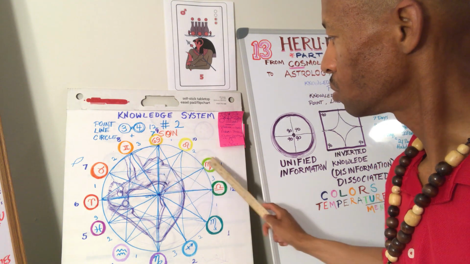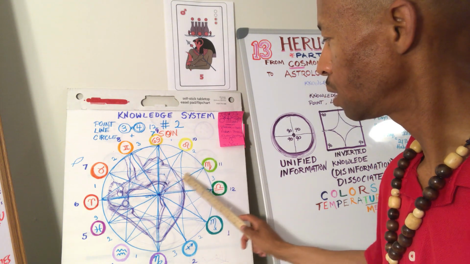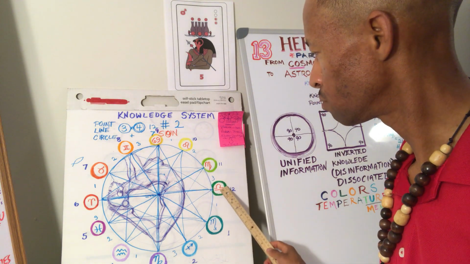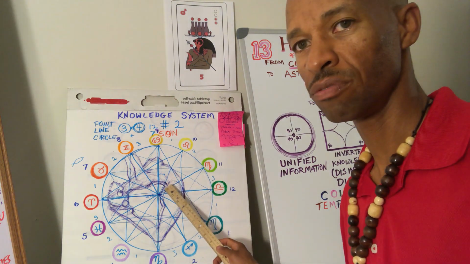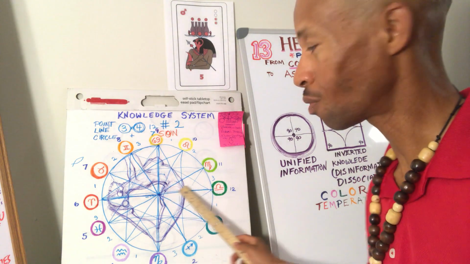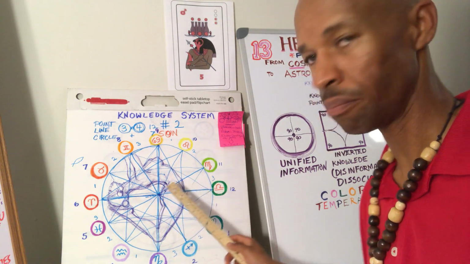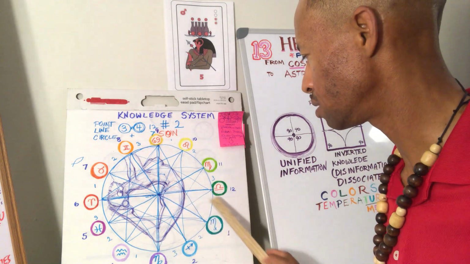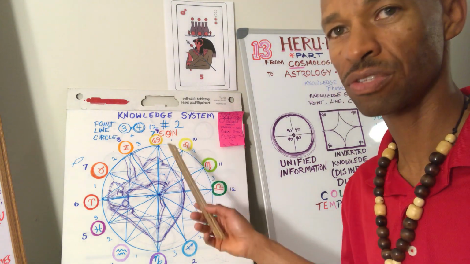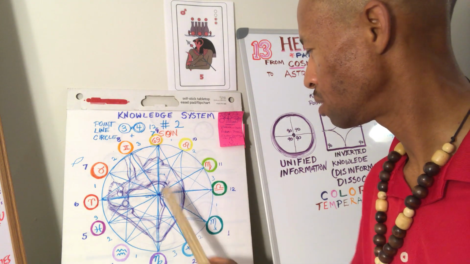You have the belly for Virgo. You have Libra, which would be the very middle or the balance point. It corresponds to the midsection where the center of gravity is. It's like a balancing of scales on the anatomy itself.